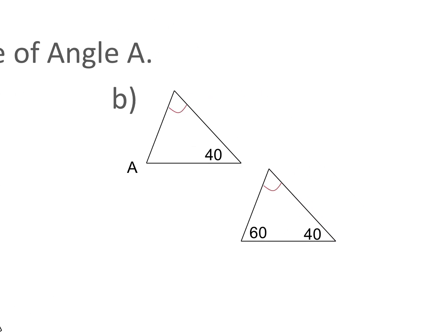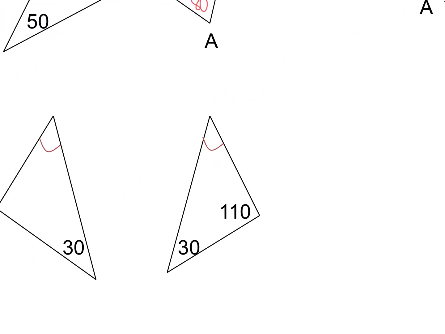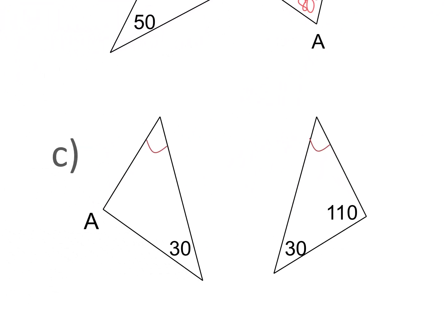All right, looking at B. Looking at my symbols, I have a congruent symbol, a congruent symbol. These are both 40, so what should be angle A? Good, 60. These are definitely on the easier side. C, I don't think I have to explain this one. What should angle A be?